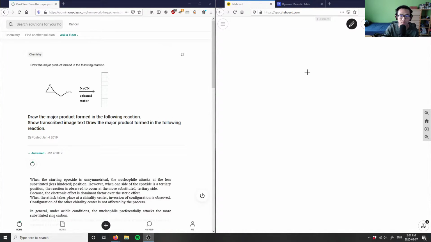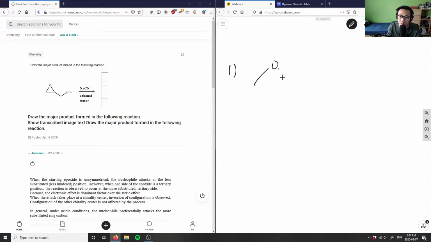So the first problem here is: draw the major product formed in the following reaction. A classic organic chemistry question. I have here an epoxide. An epoxide, if you recall, is a cyclopropane-like ring with an oxygen in it.